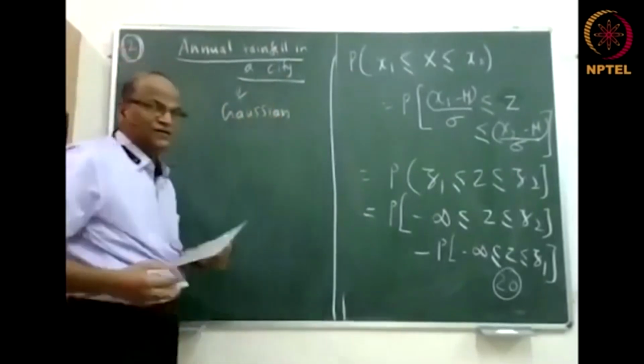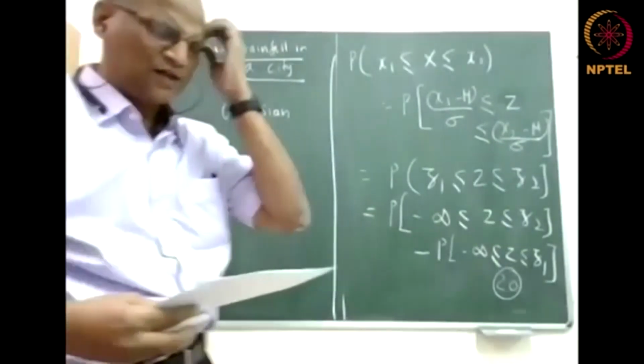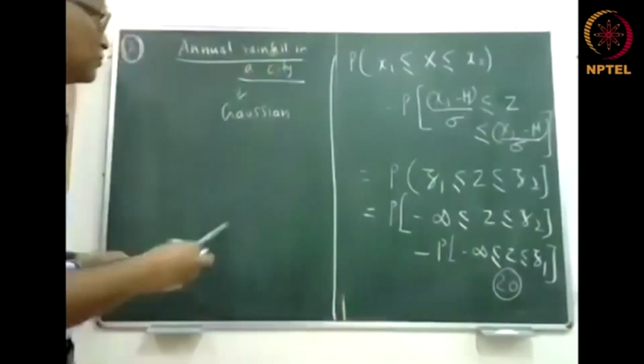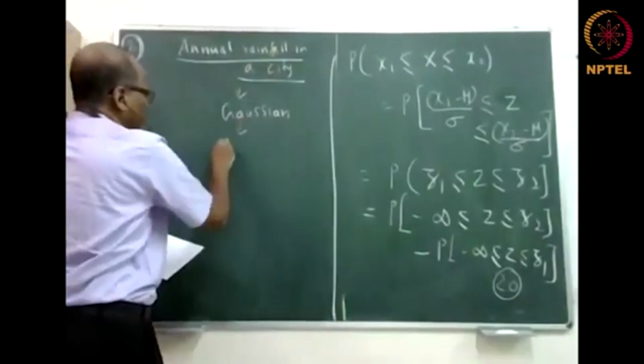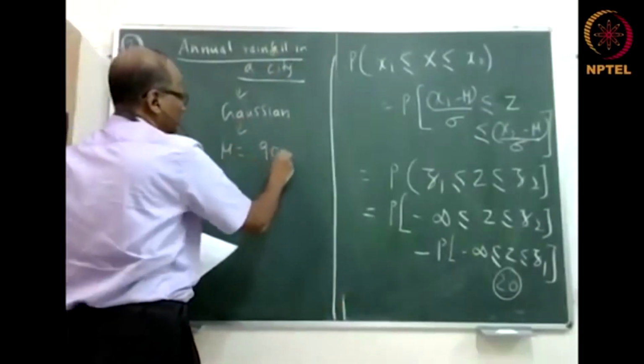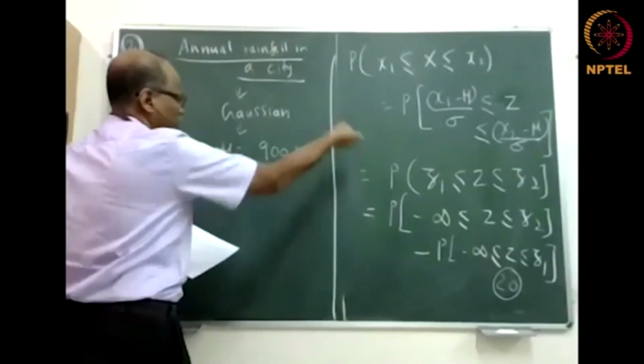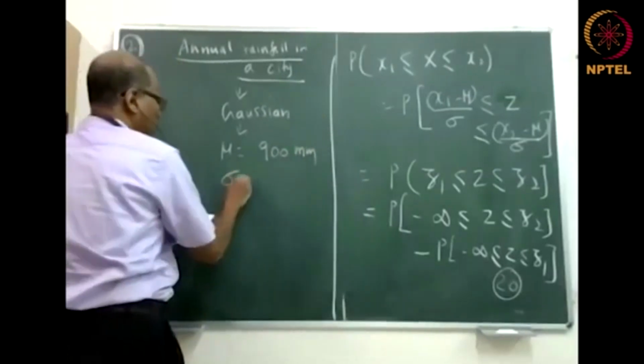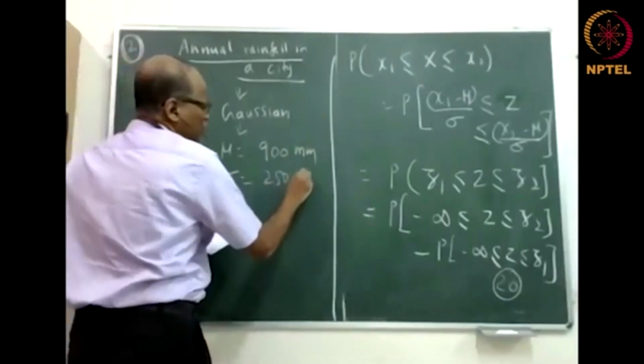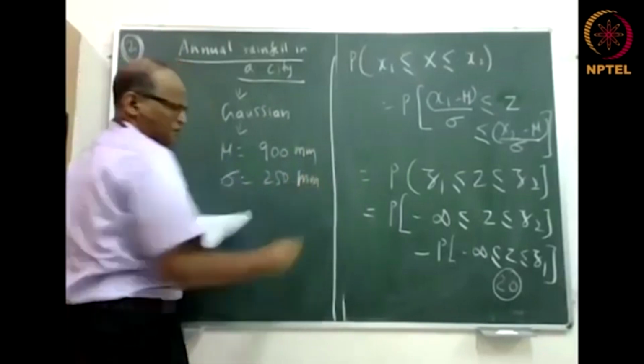First, I have to say that the annual rainfall in a city is normally distributed. The mean is 900 millimeters a year. It's annual, so I don't have to say per year. And sigma is 250 mm.